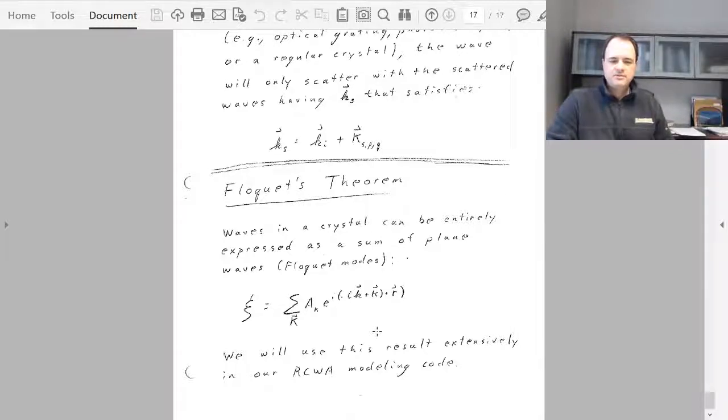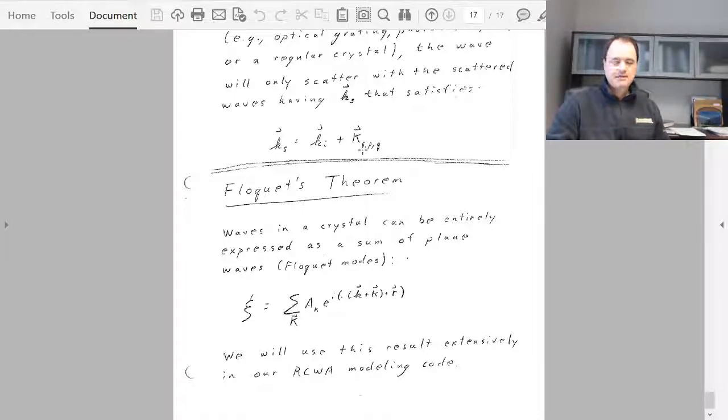Instead, you do a wave expansion, and that's why we need Floquet's theorem, because we're going to express the wave as a linear combination of these Floquet modes. And for that, we needed to know how to expand it, and that expansion has to use this result right up here. So we have to know how to get these K's, these reciprocal lattice translation vectors, and now you know how to do it.